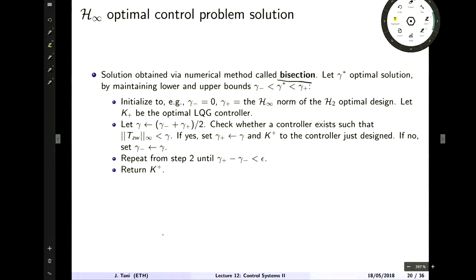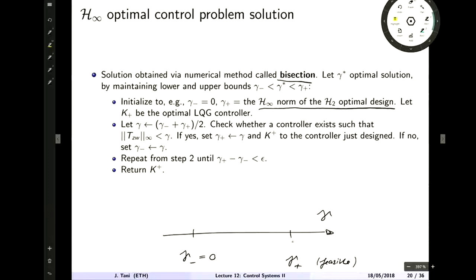It means we have gamma here, and we start with a lower bound gamma minus and an upper bound gamma plus. We choose gamma minus equals 0, which is quite impossible, and gamma plus we typically choose as the H infinity norm of the H2 optimal design. So this one is feasible, right?